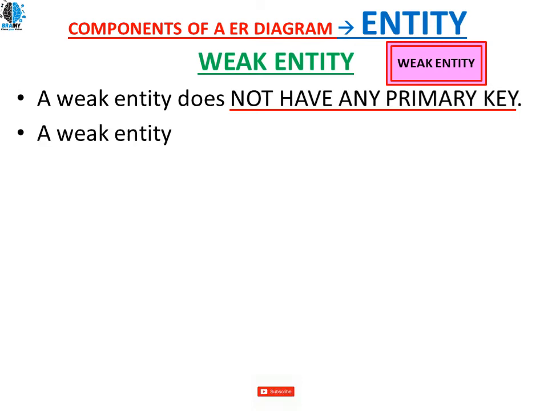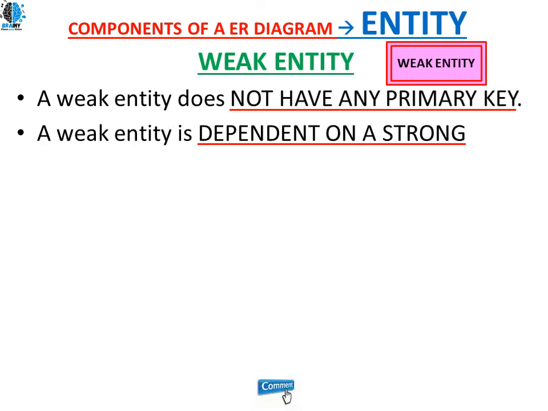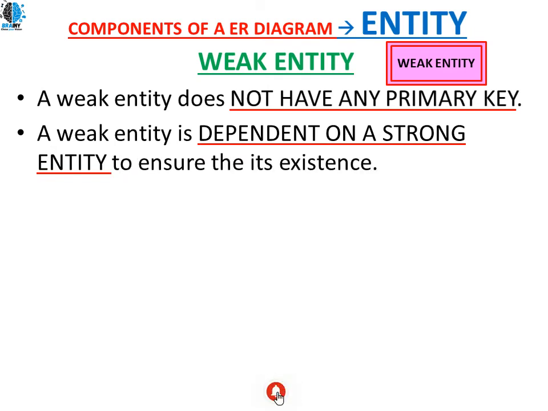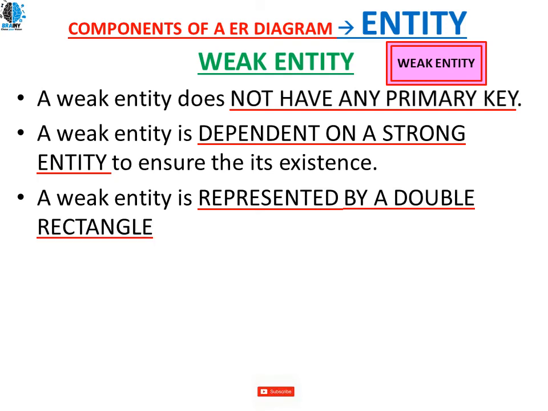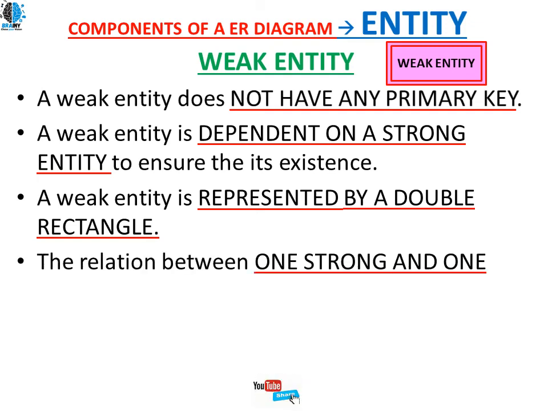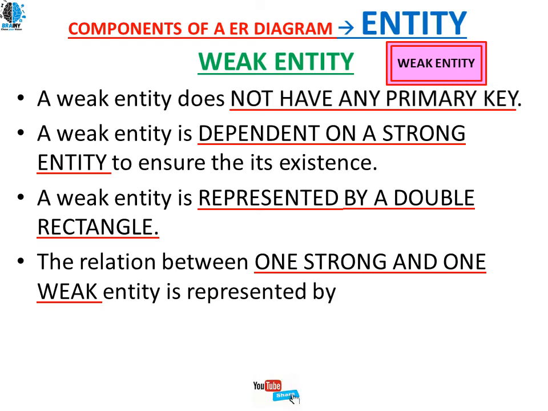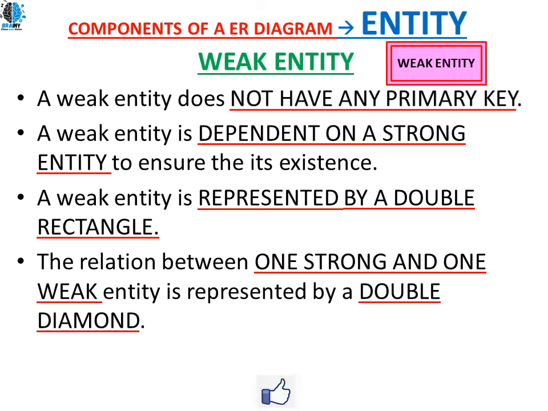It means a weak entity is dependent on a strong entity to ensure its existence in a schema or a design or an ER diagram. A weak entity is represented by a double rectangle. The relationship between one strong entity and one weak entity is represented by a double diamond.